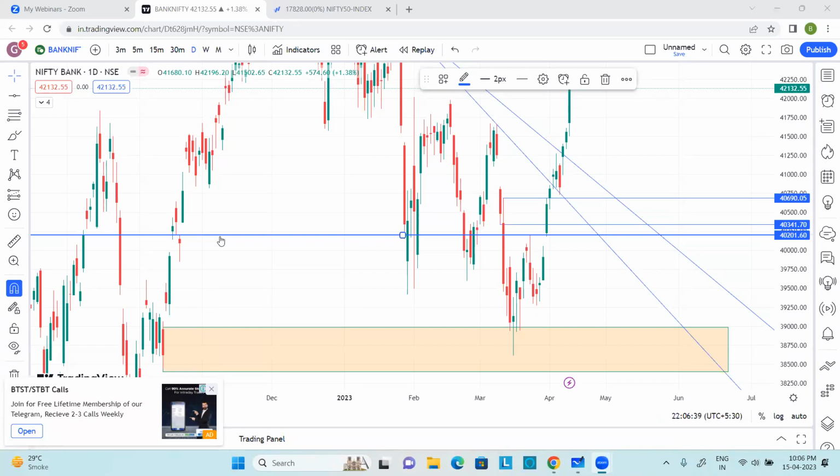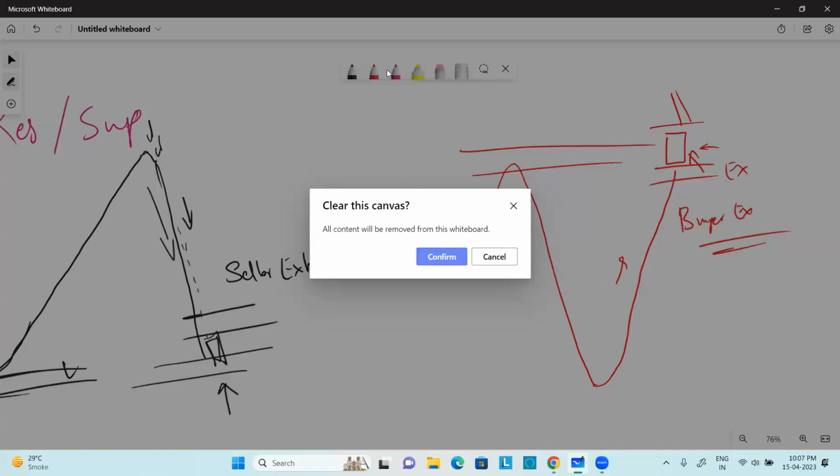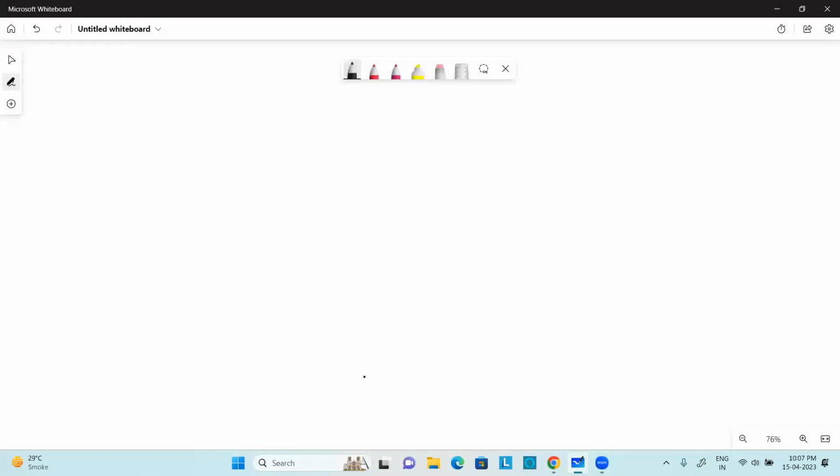Pakka spicy. While making support and resistance, do we have to take the previous day high and low? See, obviously, Devendra, when there is an uptrend and downtrend, it will not go till those levels. When price is breaking, say it is a downtrend now. One good question has been raised. When there is an uptrend, most of the activity will happen at the previous day high and previous day close.